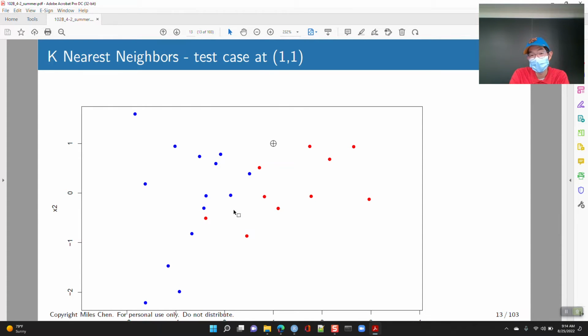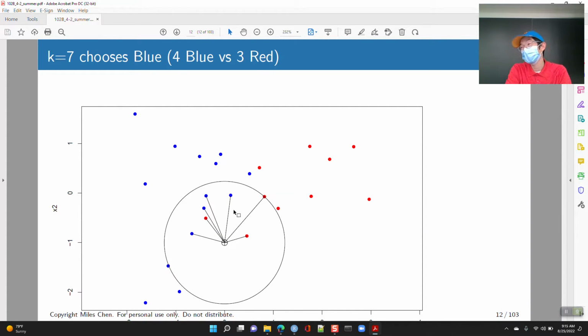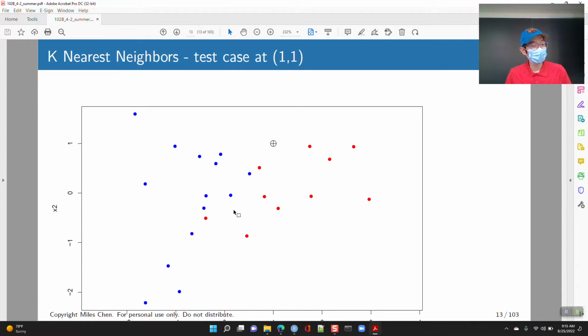Okay, and that's kind of how it goes. So you just measure the distance to every single other point, and then you count how many values belong to one class versus another, and whichever one wins is the one that gets classified. All right. Here's another test case. What do you guys think this test case would be?